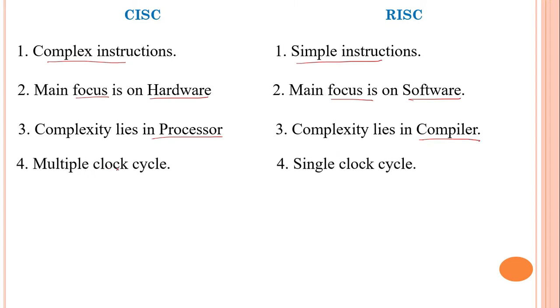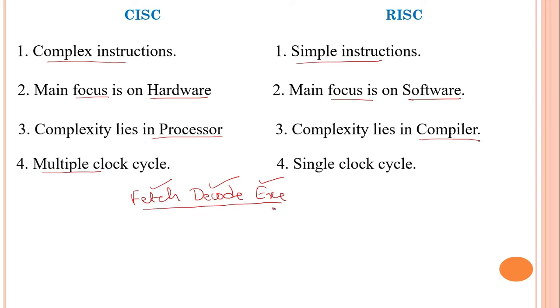Multiple clock cycles: in the case of the CISC processor, executing an instruction requires multiple clock cycles. To execute an instruction, three processes take place: fetching, decoding and execution. Fetching means it may take the data from the input devices or from the memory. Then decoding converts the high level language to machine level language.